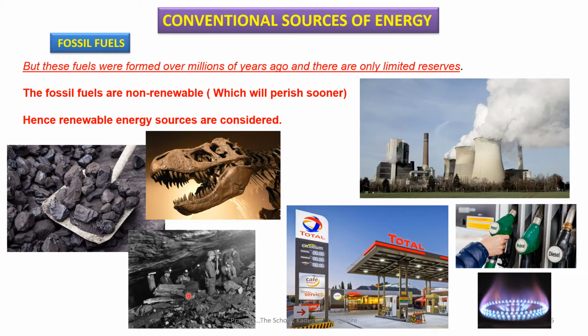Where do we get conventional sources? We get them from fossil fuels. What are fossil fuels? Fossil means which is deeply buried in the earth's crust. That means inside the earth it will be buried under soil. What will happen if wood is buried deep inside the earth?